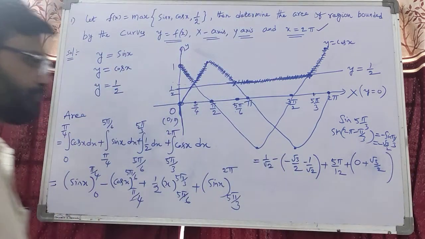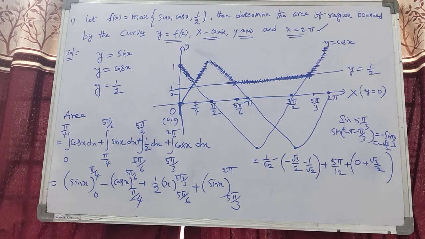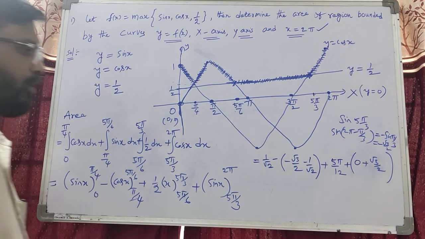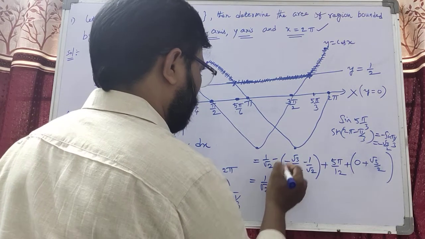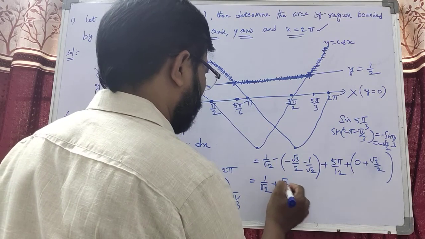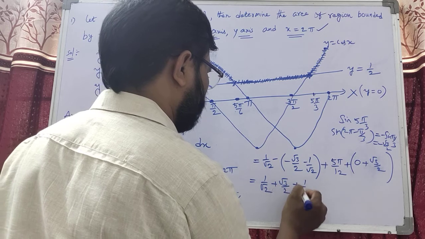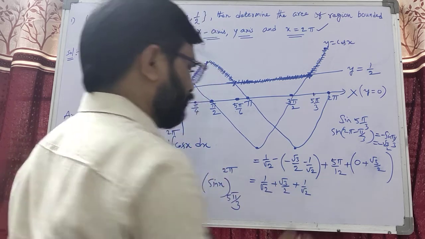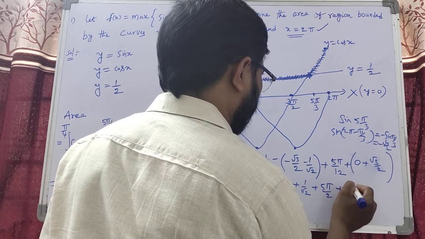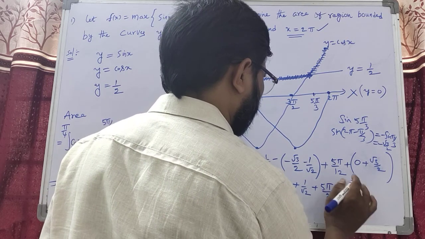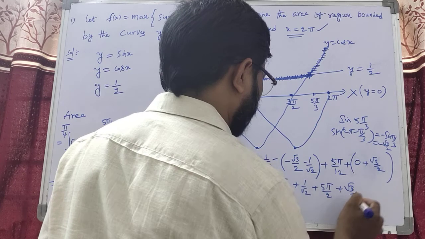Here we got 1 by root 2, and plus root 3 by 2, and the 5 pi by 12 is there.